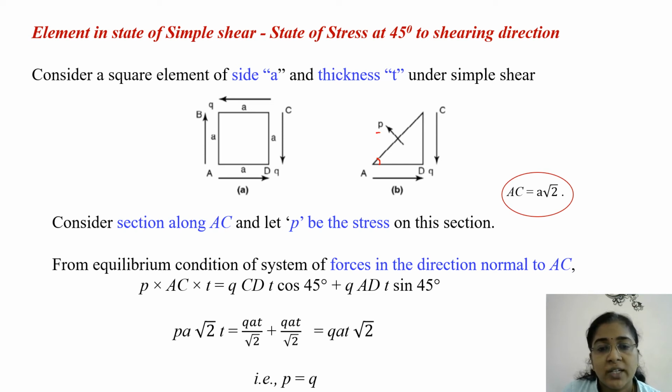Since the side of the square is A, we know that the length of this diagonal AC is given by A root 2. Now we can consider the equilibrium of forces in the direction normal to AC. Then because of P, the force normal to AC is P into cross-sectional area, that is P into AC into T. Now we have the components of both the forces on face DC as well as AD normal to AC.